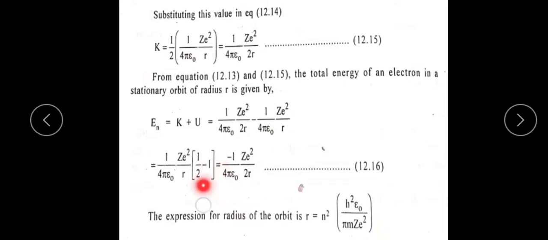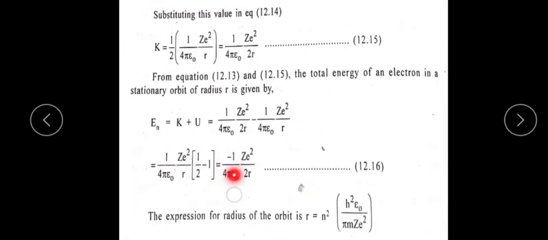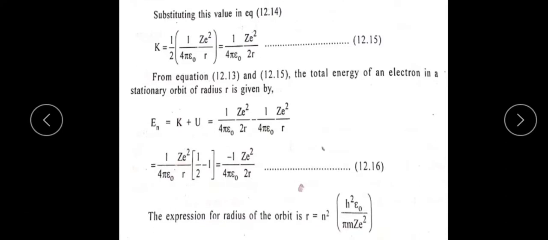Then we need to multiply this minus half to this equation, and it becomes minus 1 by 4 pi epsilon naught 2 Z square divided by R, into minus 1 by 2 which we took here. This is equation number 12.16.